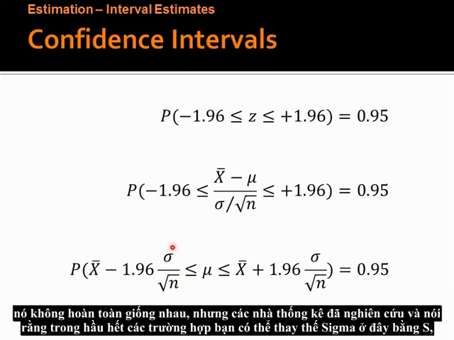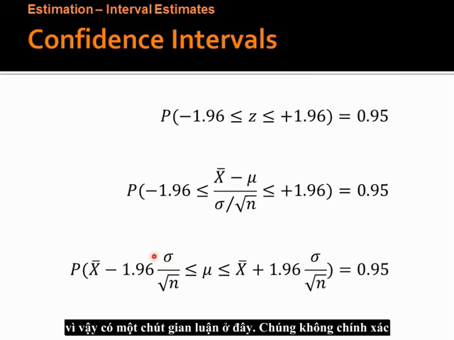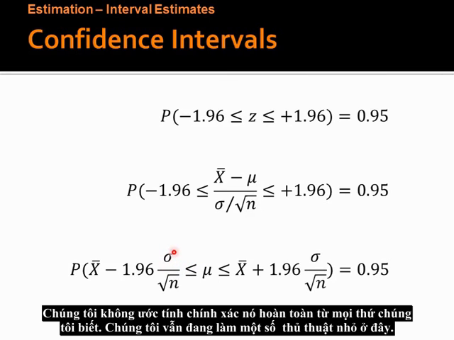It's not exactly the same, but the mathematicians and statisticians have worked out that for most intents and purposes, you can replace sigma here with S. So there's a slight cheat here. We're not exactly estimating it purely from everything we know. We are still doing some kind of little tricks here.